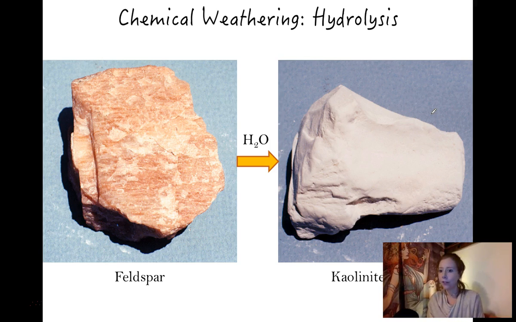And this is often used as a cementing agent in sedimentary rocks. And it's easier to break apart kaolinite, which is this clay type feeling mineral, than it is to break apart this really tough mineral feldspar. So hydrolysis makes feldspar more easily broken apart.